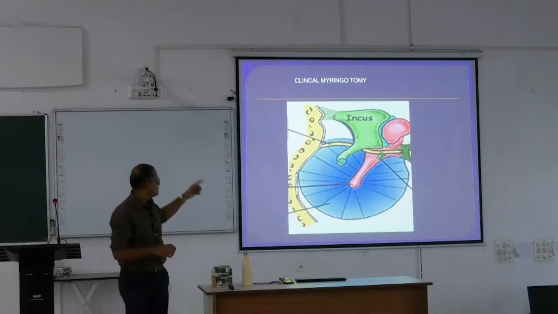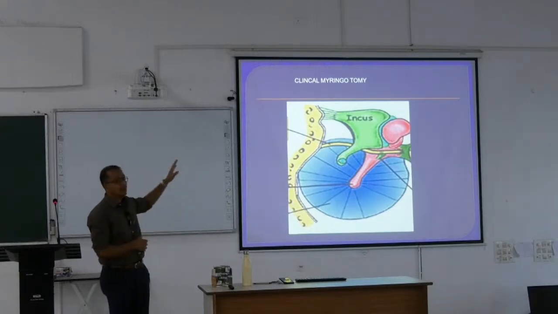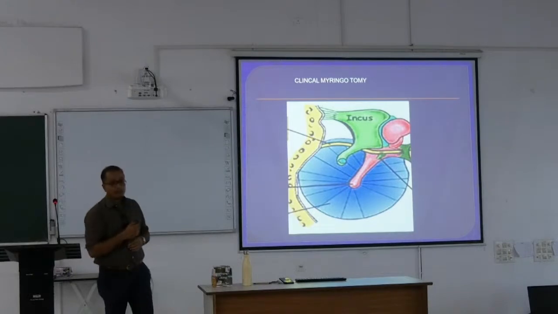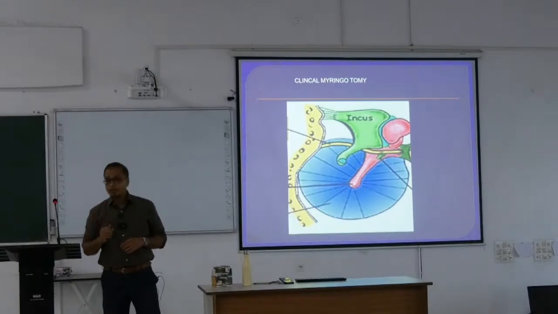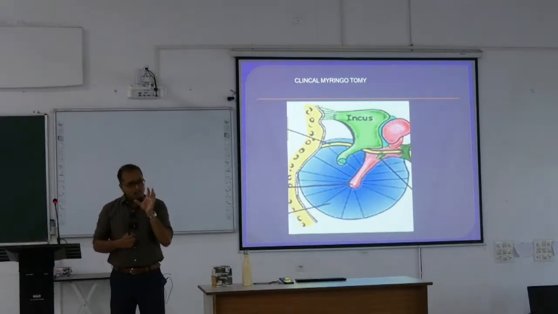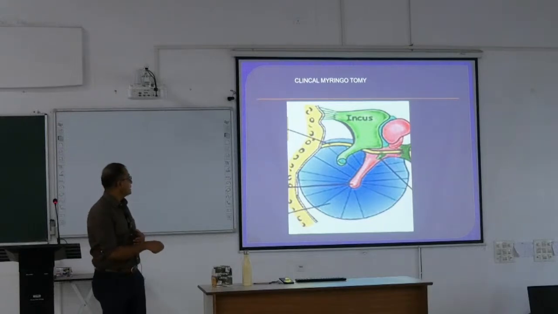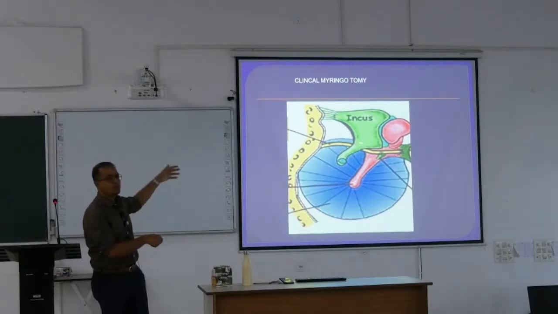Now, coming back to this clinical thing, we call this clinical term myringotomy. Now, what is a myringotomy? We have a fluid accumulation within this tympanic cavity. That means it has an abscess. Now, you are going to treat this patient. How are you going to treat a patient who has an abscess beyond this membrane?